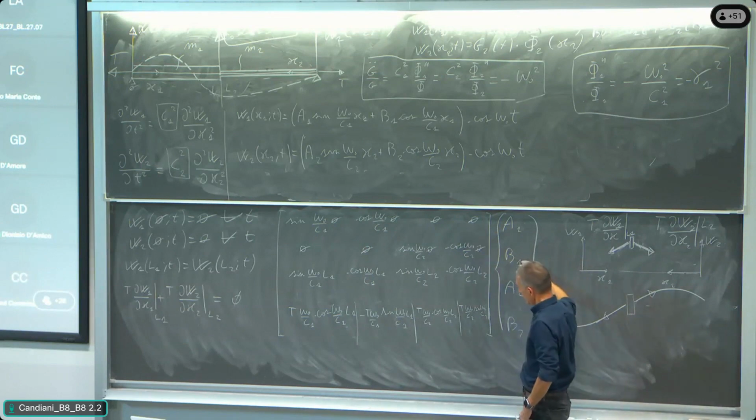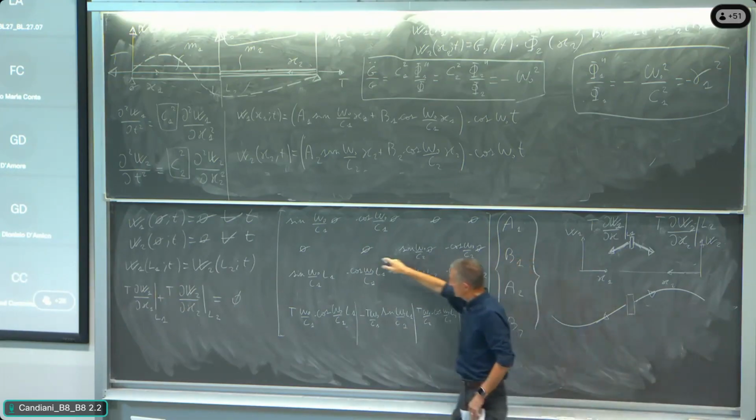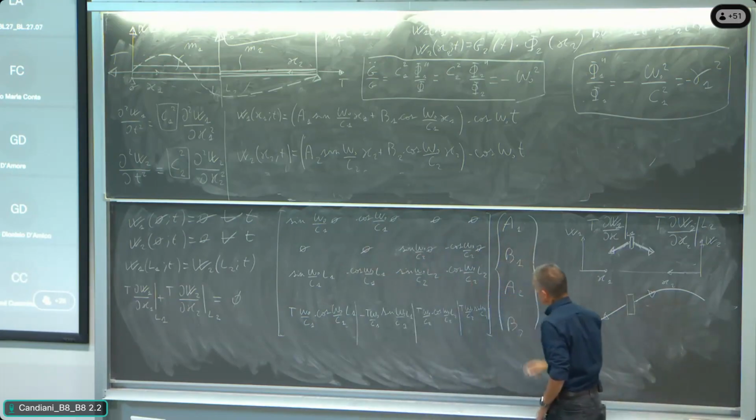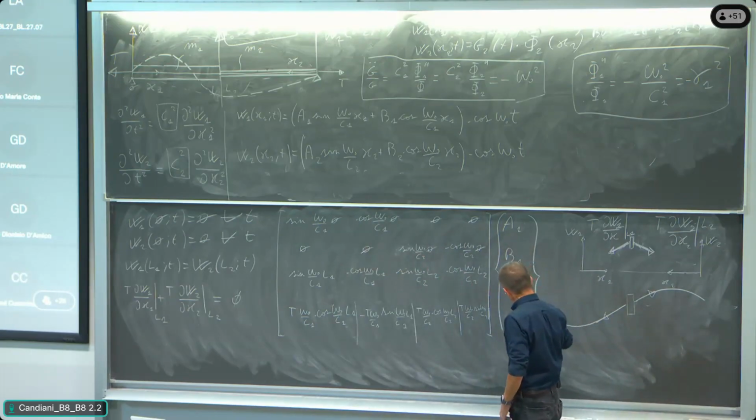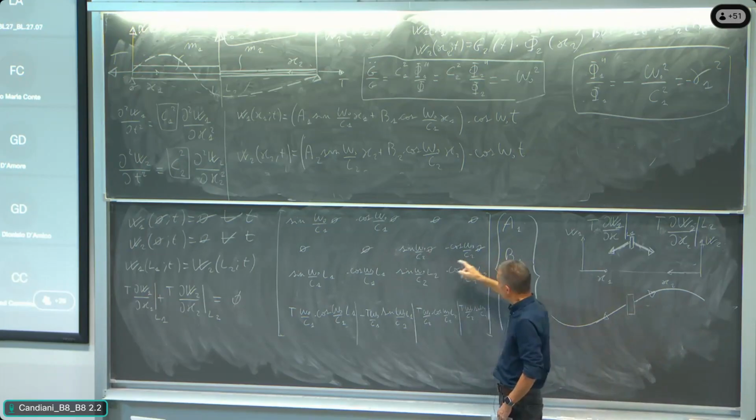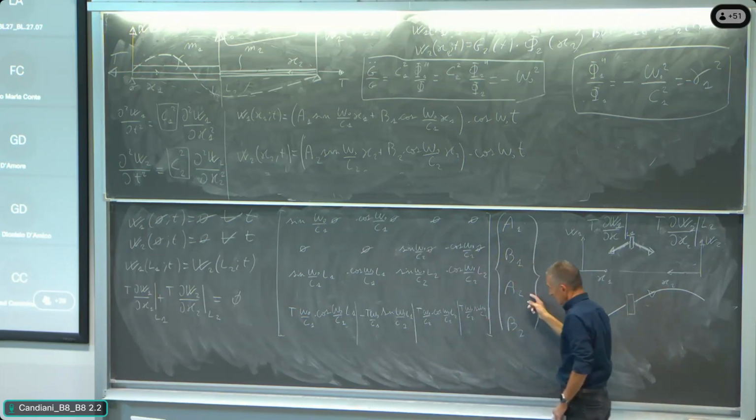The same is the second boundary condition on the second, w2. w2 at the location 0 is equal to 0, so 0, 0 multiplying A1 and B1, and A2 and B2 multiplying sin at the location 0, cos at the location 0.